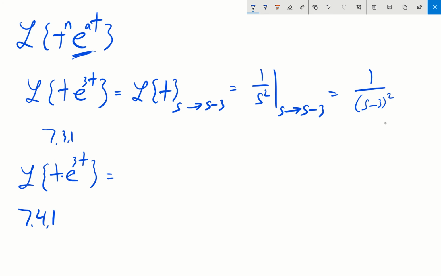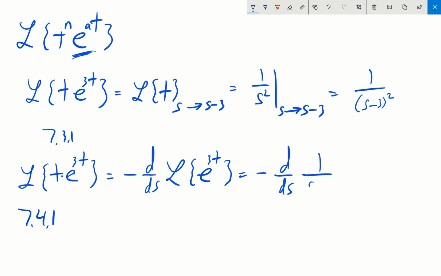So this is going to be equal to the negative of the first derivative with respect to s of the Laplace transform of e to the 3t. We know that's the negative of the derivative with respect to s of 1 divided by s minus 3.